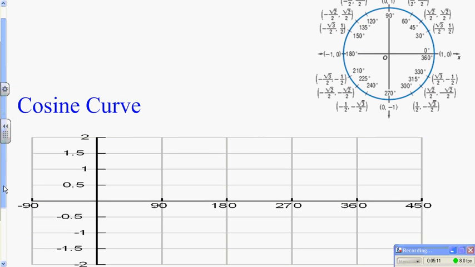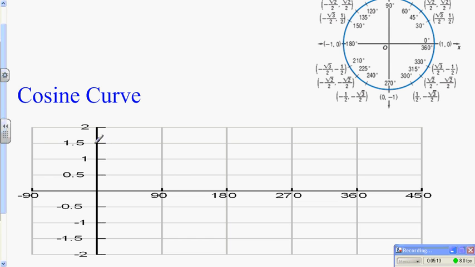Cosine is similar and looks like this. Cosine of 0 is 1. Then it's 0, and it's negative 1, and it's 0, and back up to 1. And it's not straight lines, it bends and plateaus.